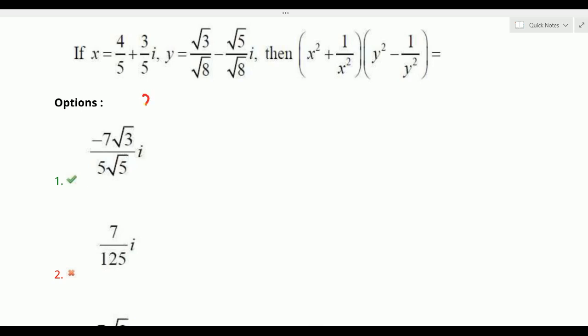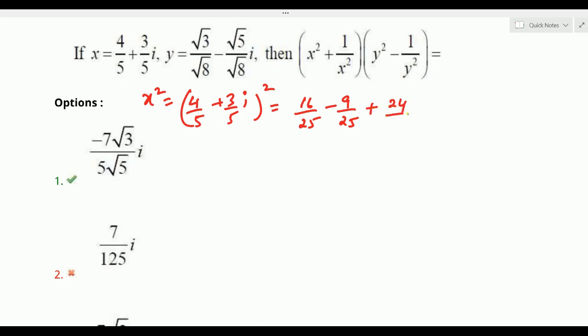Let's first see x square. x square is 4 by 5 plus 3 by 5 i, whole square, right? I will directly collect x square first. a square is 16 by 25, plus b square, that is i square is minus 1, so minus 9 by 25, plus 2ab, 2 into 4 is 8, 8 into 3 is 24 by 25 i. On simplification, 16 minus 9 is 7 by 25 plus 24 by 25 i.